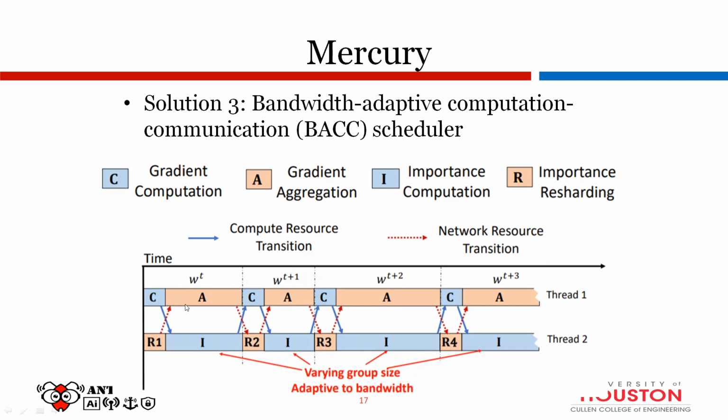But as soon as you do the gradient computation, you can send it to the other thread to do the pipeline computation. Yes. So you can do aggregation and importance computation at the same time, to be exact. Only the importance resharding, you have to wait until the aggregation is finished, and then you continue on with it.